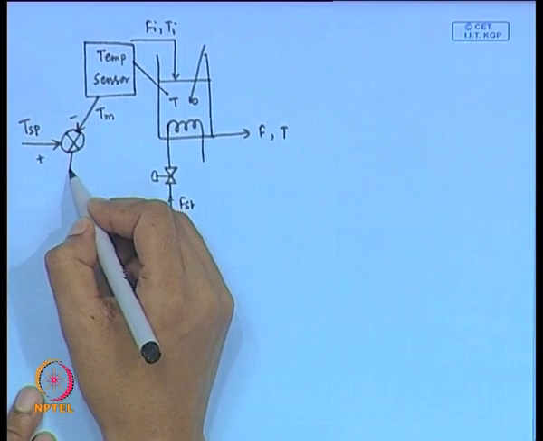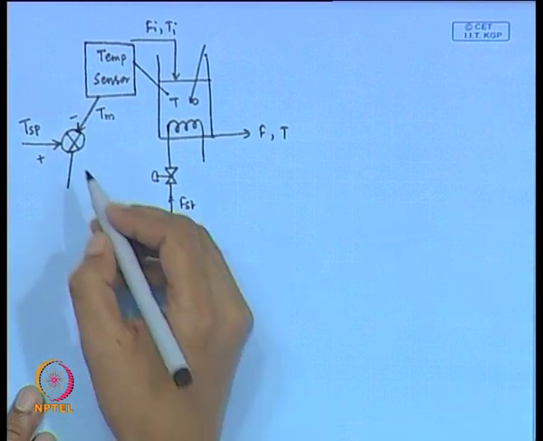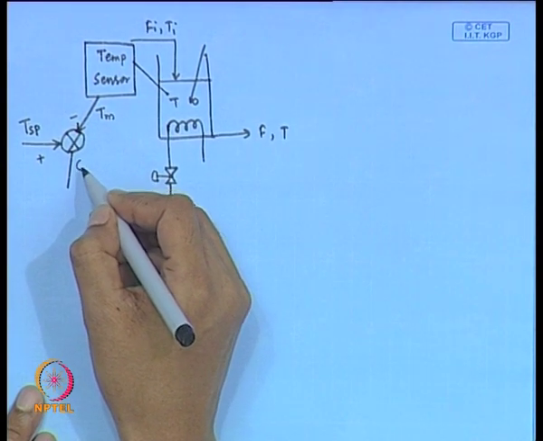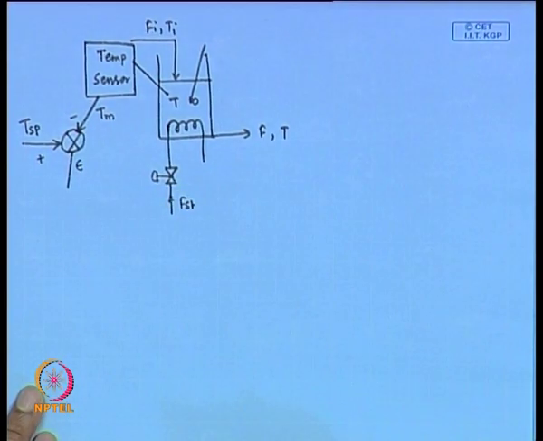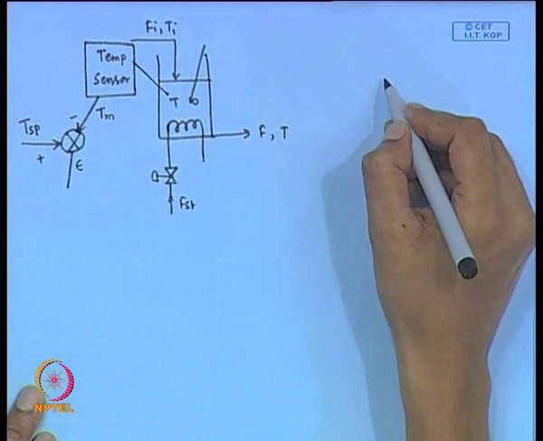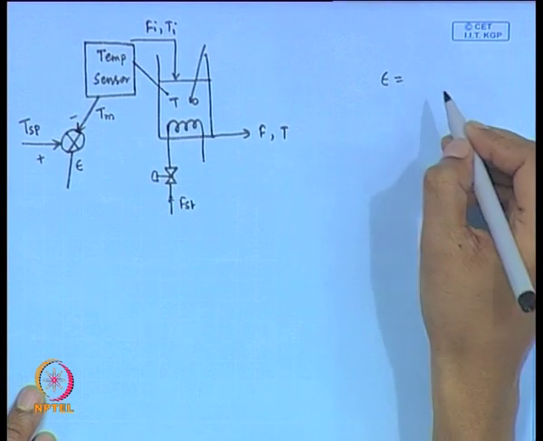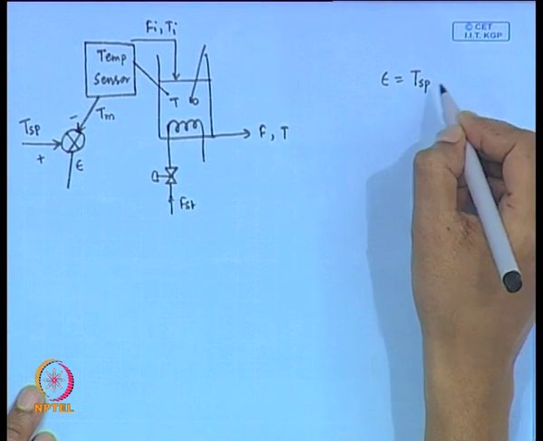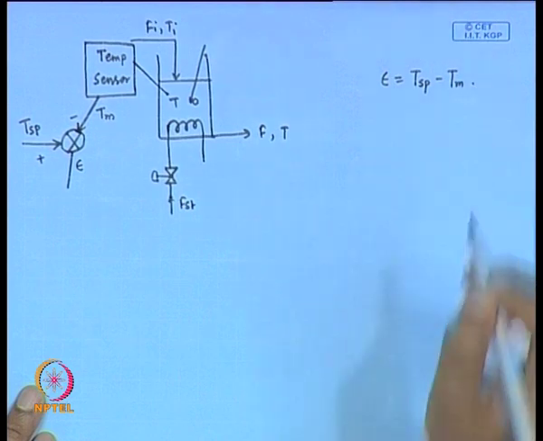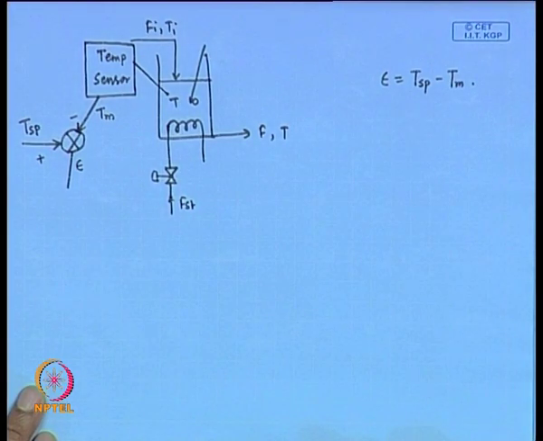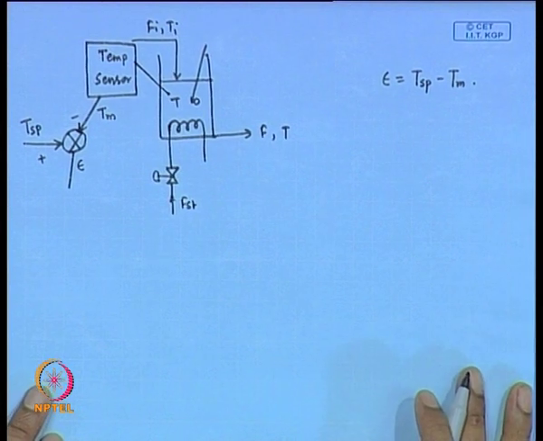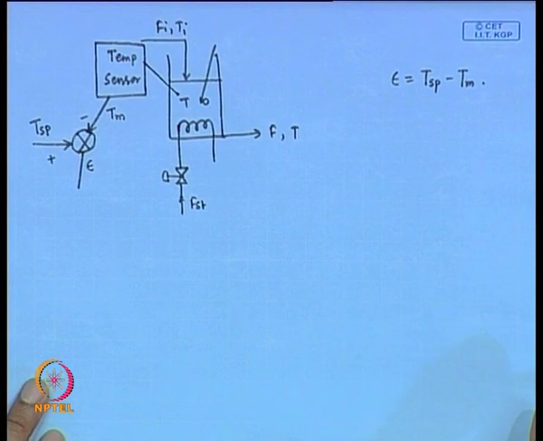Then the output of this comparator can be represented by epsilon, where epsilon is equal to set point temperature minus measured temperature, that is TSP minus Tm.